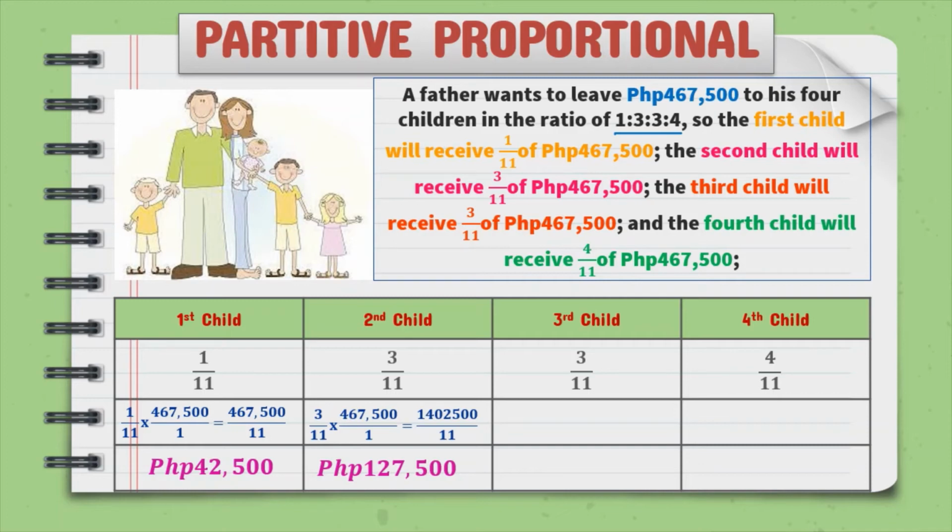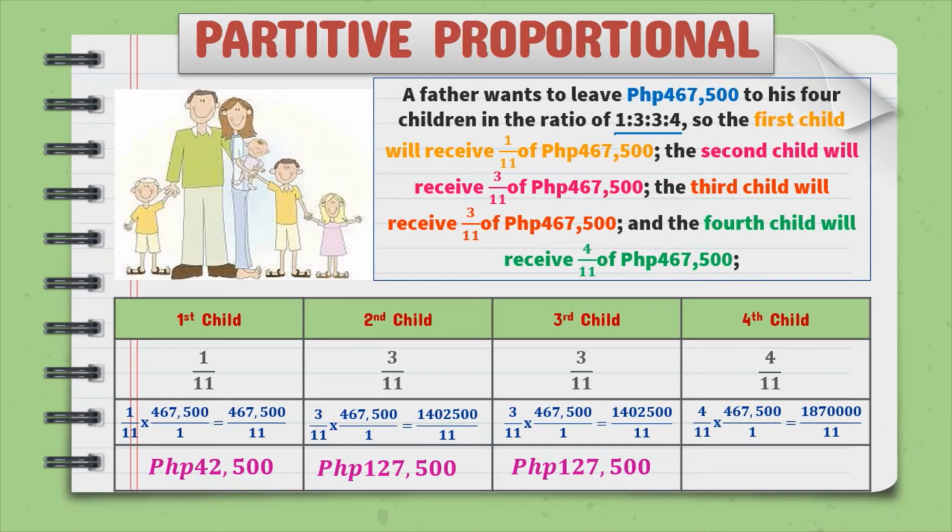Ibig sabihin po, yung second child ay makaka-receive ng 127,500. Yung third child, same po sa second child. So, third child will receive 127,500 also.